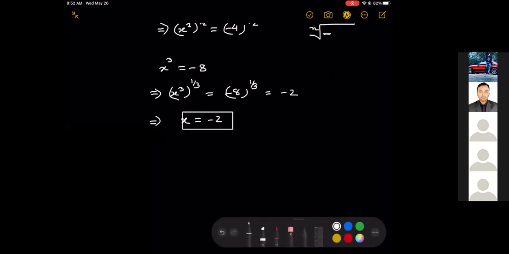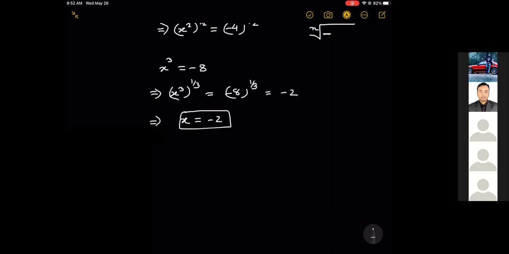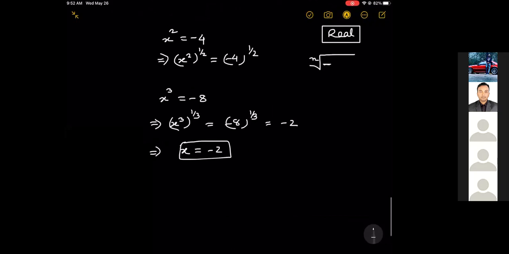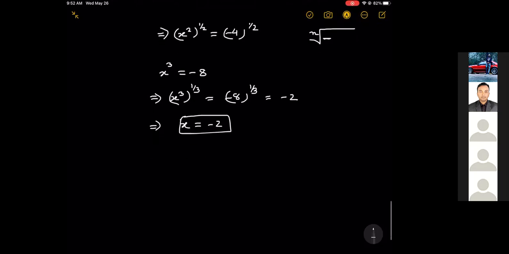So this is why it's a necessary condition for an even root to have positivity, or rather non-negativity, inside. You can see we actually can have negativity when the root is odd, but it's not possible when the root is even. Okay, any question from this?